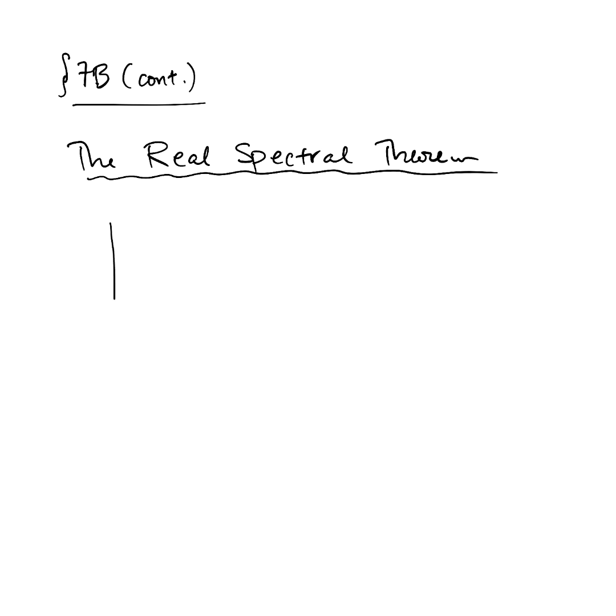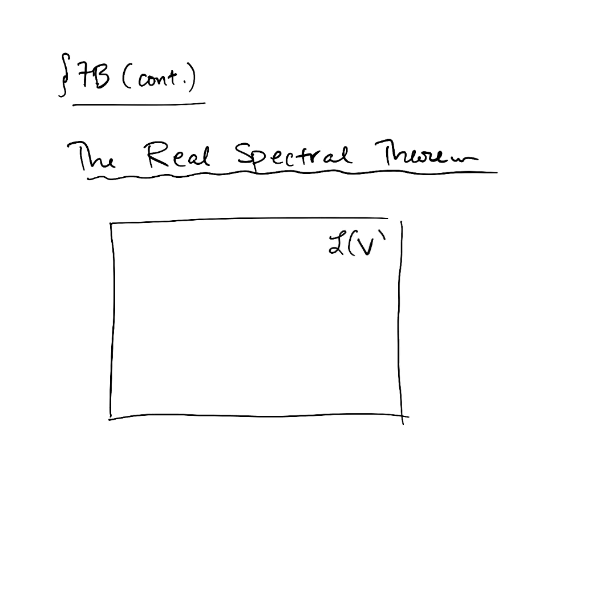So let's think about this big box that has all the operators on V in it. Now, some of those are normal. So maybe this box is the ones of these that are normal.